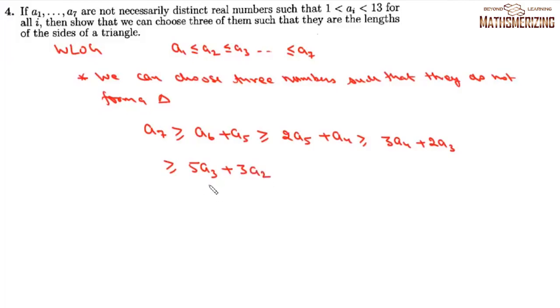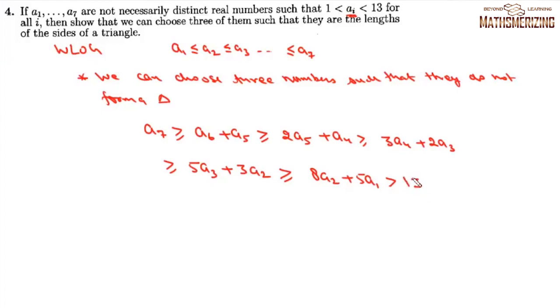Now again a3 is greater than or equal to a2 plus a1. So it will be greater than or equal to 8a2 plus 5a1. Now each ai lies between 1 and 13. So a2 will be greater than 1 and a1 is also greater than 1. So from here we can say this a7 will be greater than 8 plus 5, which is 13.